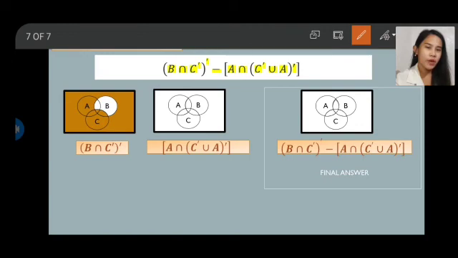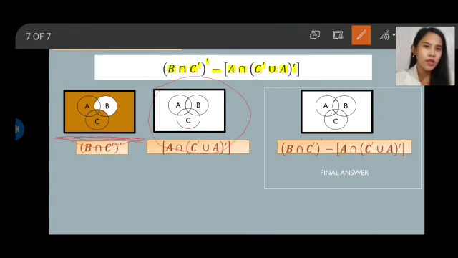For the final part, as we arrive to the shaded regions of both diagrams, we will now subtract A intersection complement of C complement union of A from the complement of B intersection C complement. So as we can see here in the second diagram, there are no shaded parts. So as we subtract it from the first part, this will just stay the same.